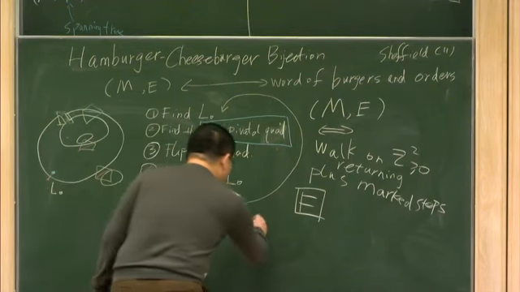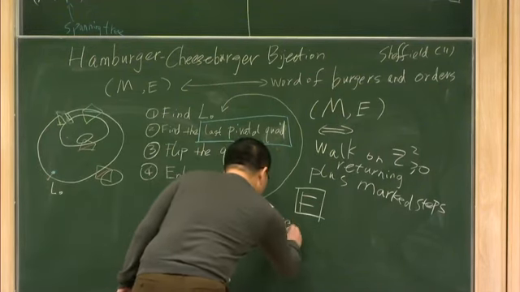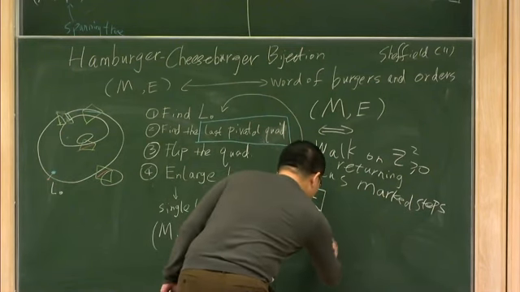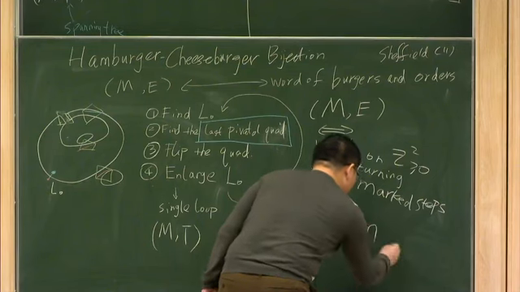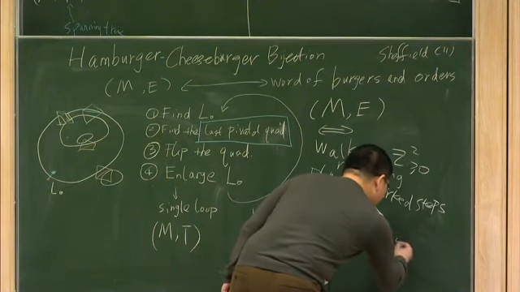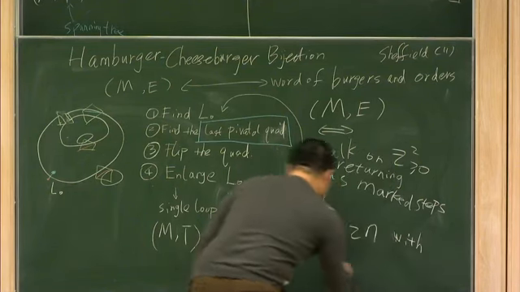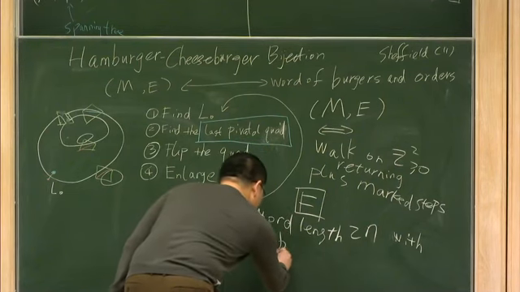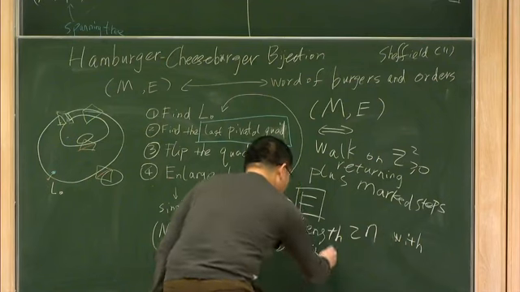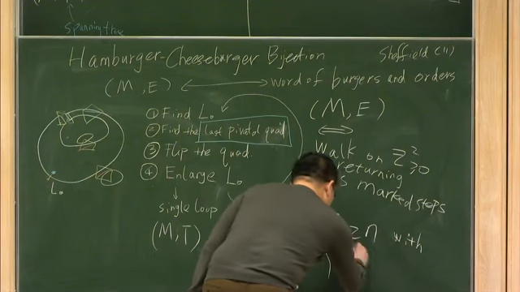Then what you get is a word of length 2n with symbols in these 5 letters.